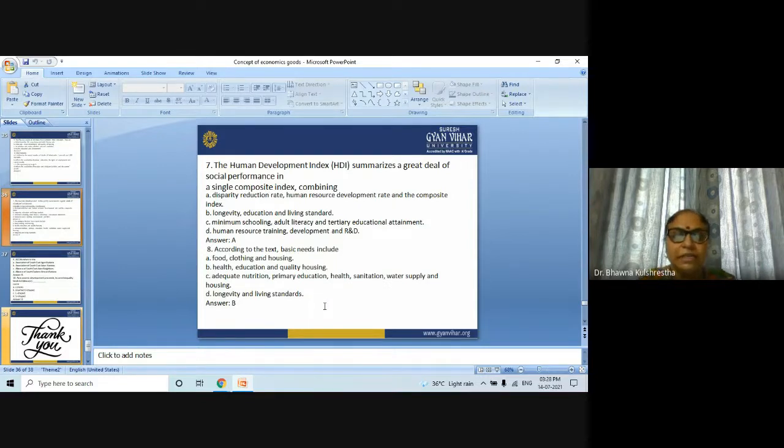What is the right answer? Right answer is health, education, and quality housing.